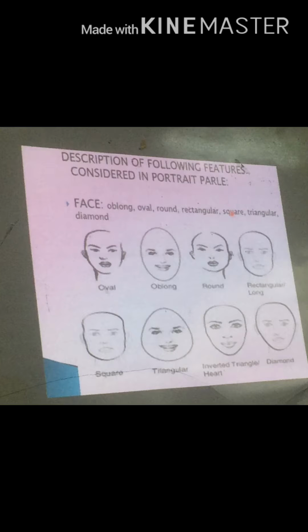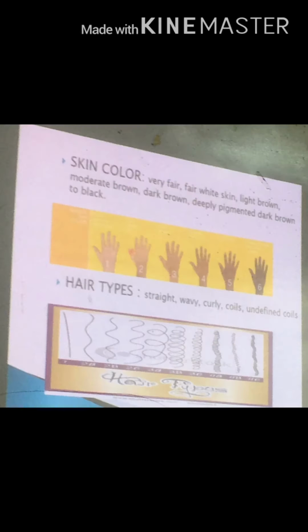The first one is face shape: oval, oblong, round, rectangular, square, triangular, diamond, etc. Second is skin color: very fair, white skin, light brown, moderate brown, dark brown, etc. In hair type: straight, wavy, curly, coils, undefined coils.